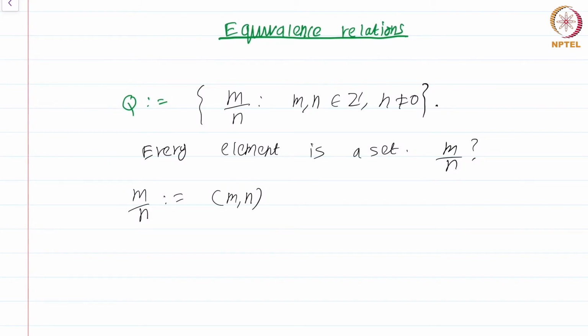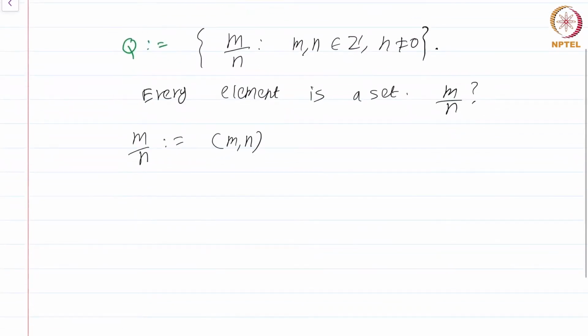Now, this new definition still has a problem. We can still view rational numbers like this, but the element (2, 4) and the element (1, 2) correspond to 2 by 4 and 1 by 2, which we all know from elementary mathematics, are both the same.